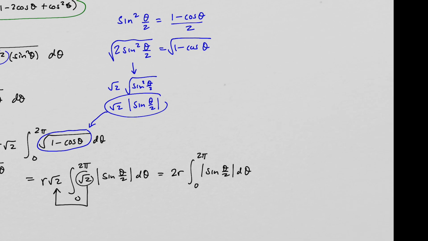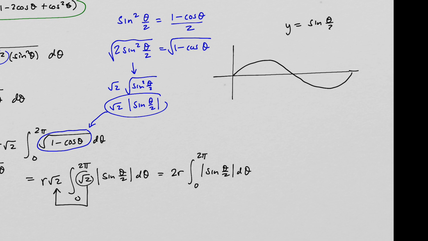Now how do you integrate an absolute value? Well, it depends on whether this function is positive or negative. So let's think about the sine function. We know the sine function looks like this. But if you have y equals sine of theta divided by 2, the period of this sine function is 4 pi.